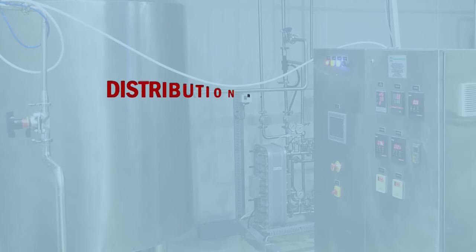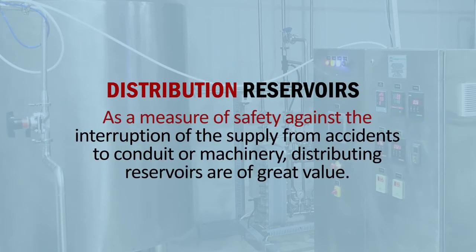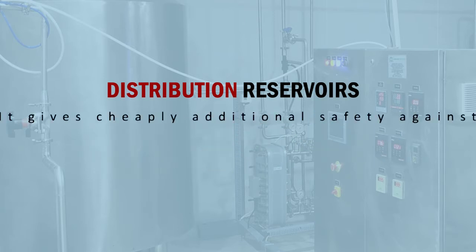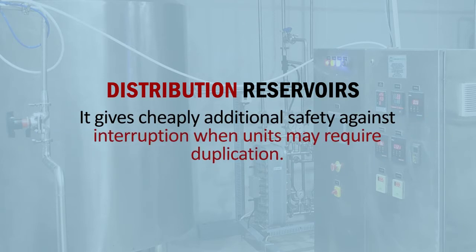As a measure of safety against the interruption of the supply from accident to conduit or machinery, distribution reservoirs are of great value. It gives cheaply additional safety against interruption when units may require duplication.